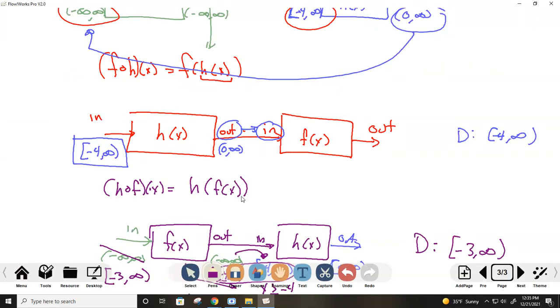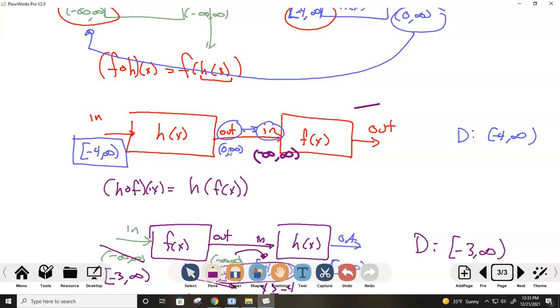Graphing sometimes helps you look at that and understand it, but the big thing when we're doing this composition, you're looking at the output of the one function going into the input of the second function. So like on this one here, this had a domain of -infinity to infinity.